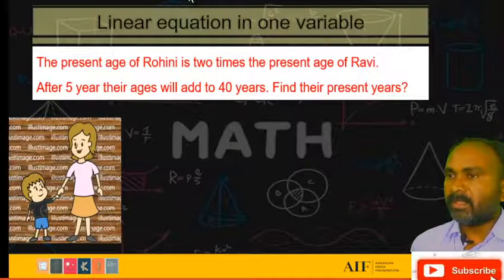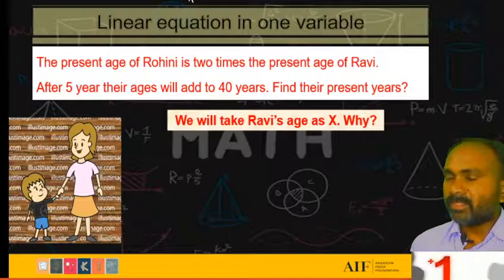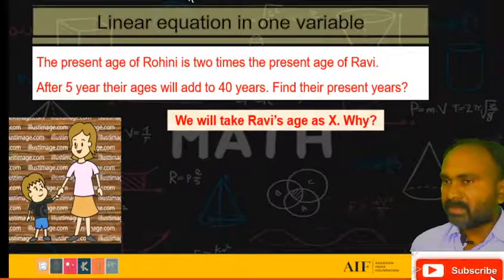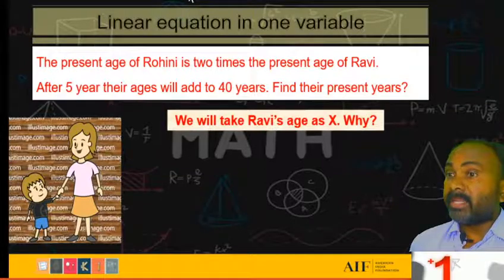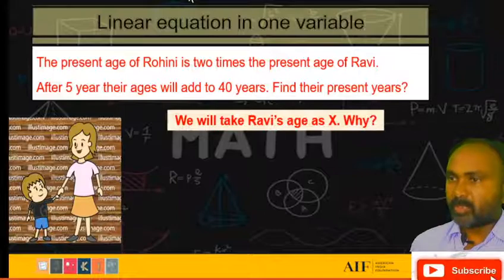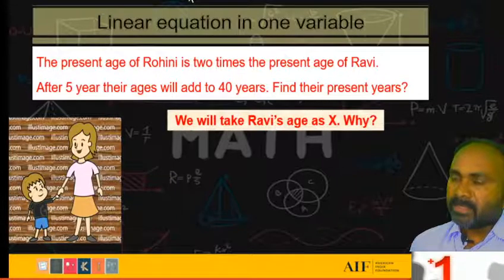Here we have Rohini and Ravi. Which is bigger? Rohini is bigger. Now we will take Ravi's age as x. Why? Because the present age of Rohini is 2 times the present age of Ravi, so the age of Rohini is related to the age of Ravi.